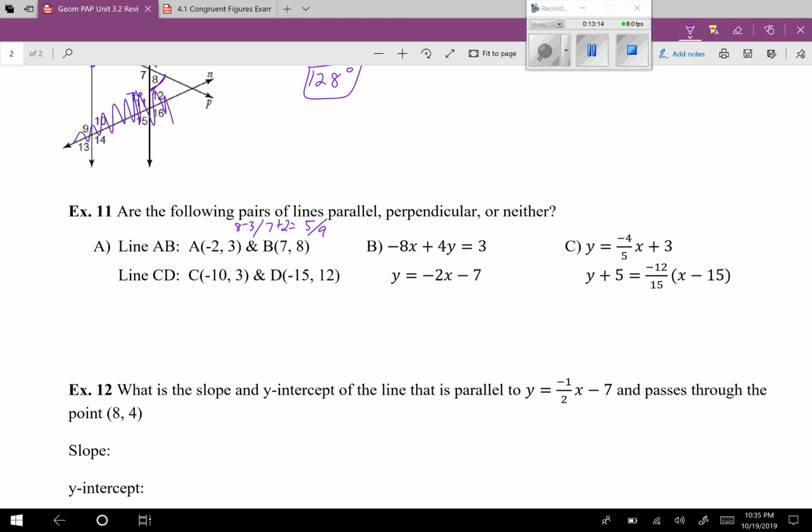And then this one would be 12 minus 3 over negative 15 plus 10. So 12 minus 3 is 9, and negative 15 plus 10 is negative 5. So we get negative 9/5. Okay, so I see they are flipped, and one is positive and one is negative, so they are perpendicular.